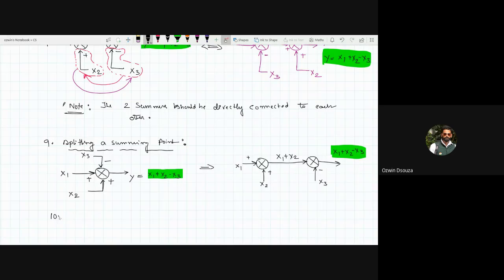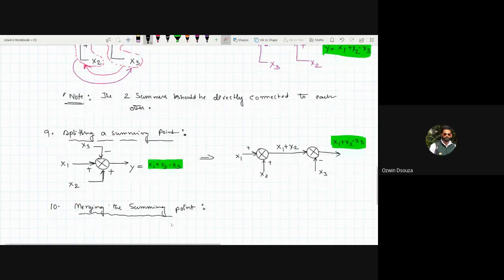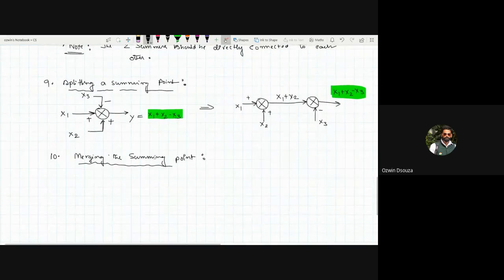And you can also derive rule 10, that is merging the summing points. So basically there are 10 rules. Merging the summing points, in the sense, it is vice versa.